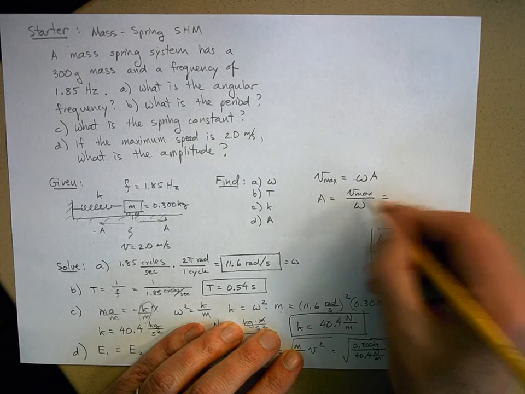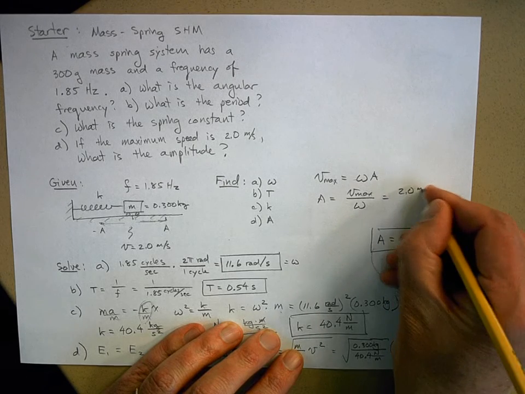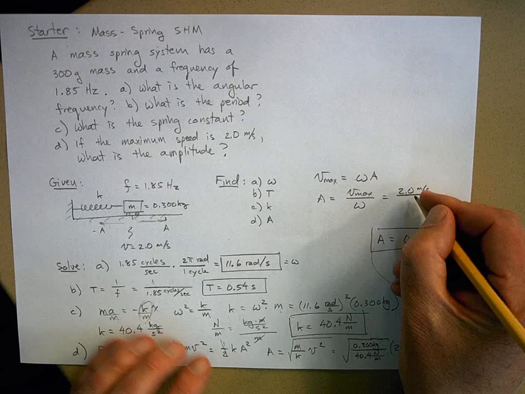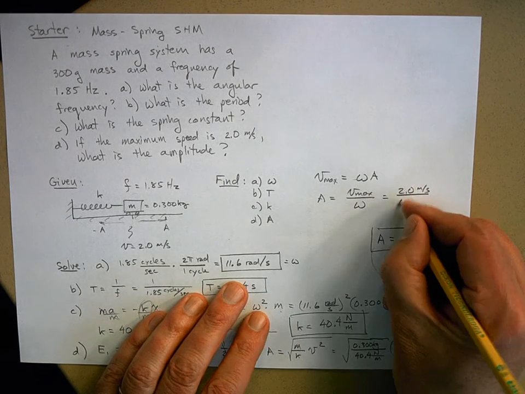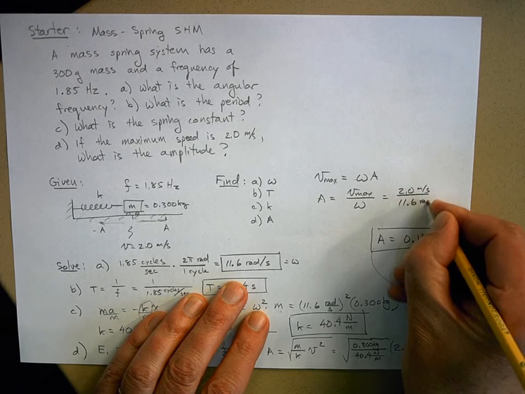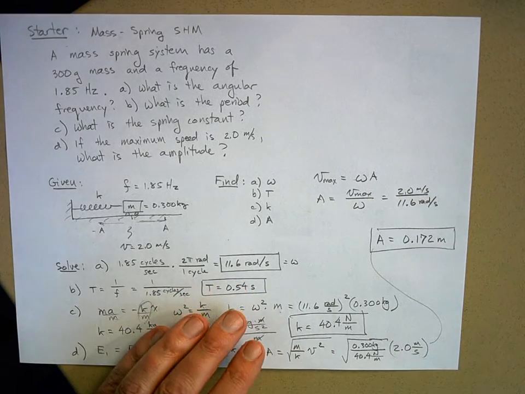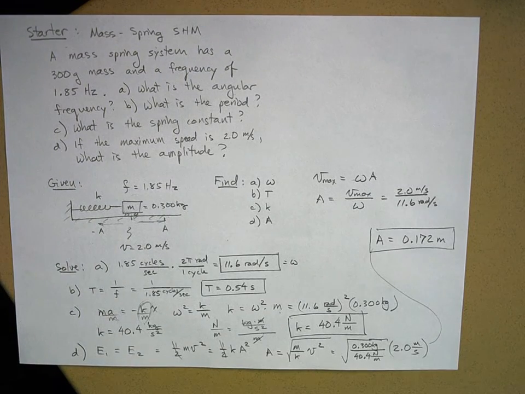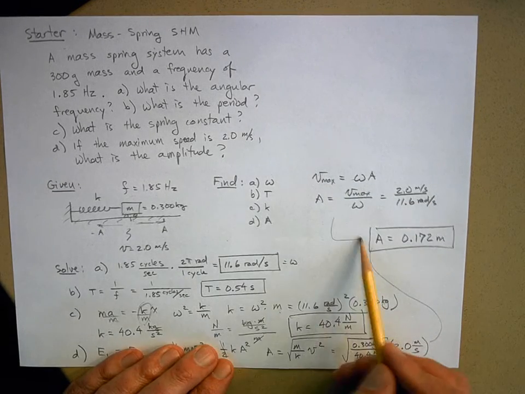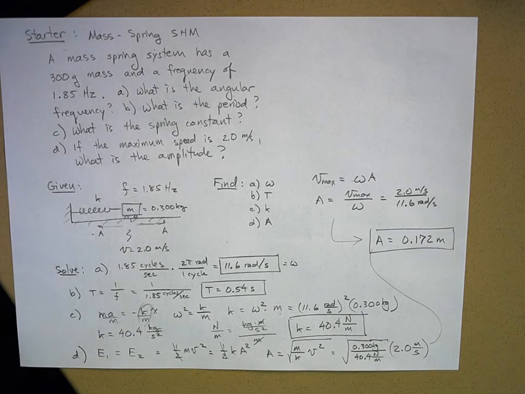And that's going to be 2.0 meters per second divided by 11.6 radians per second. So that's 2 divided by 11.6 equals, and yeah, you get the same answer. Of course you would. But it all works. It's all consistent. It all makes sense within itself.